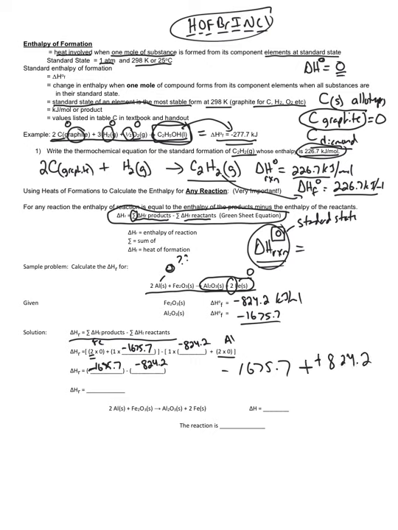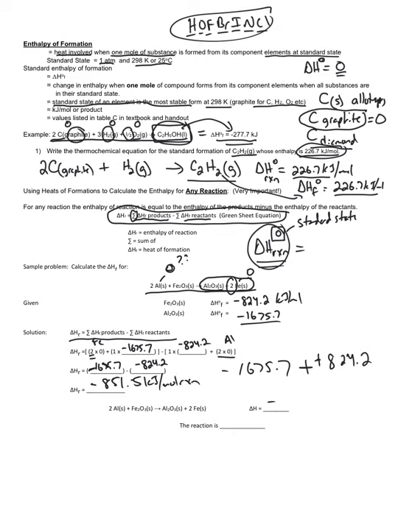Subtracting a negative means we make them positive. So negative 1,675.7 plus 824.2. We get an enthalpy of reaction that's negative 851.5 kilojoules per mole of reaction.